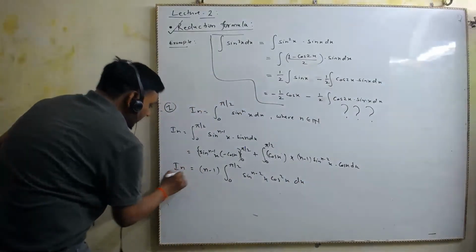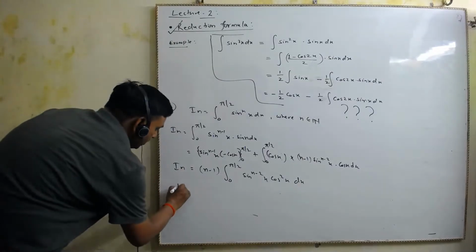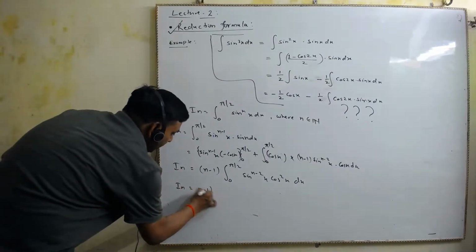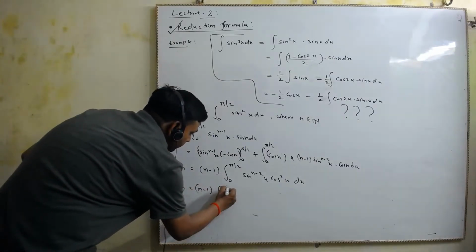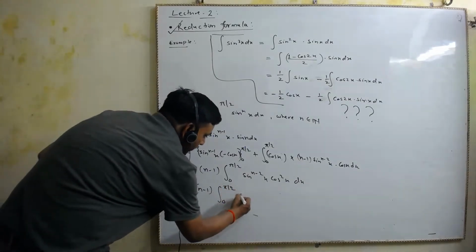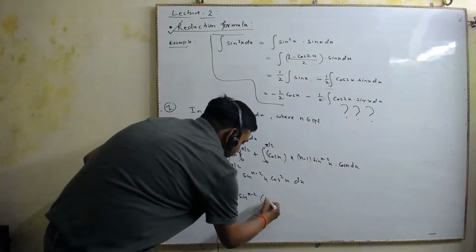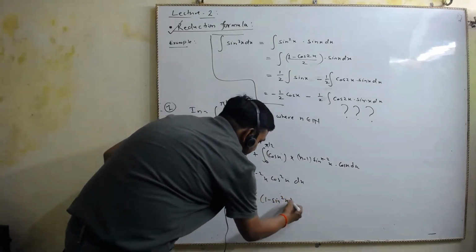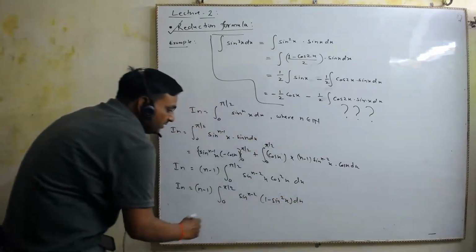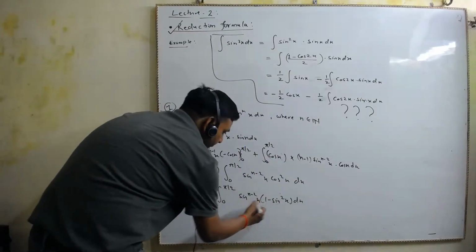What is going on here? Let's represent it by I_n. So I_n will be (n minus 1) times the integral from 0 to pi by 2 of sin^(n-2) x, this can be written as (1 minus sin square x) dx, right?